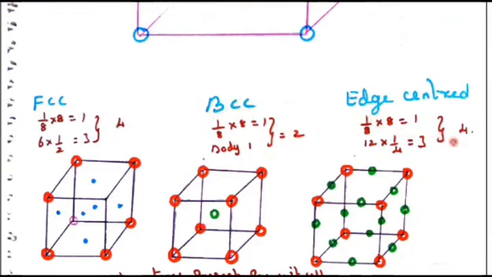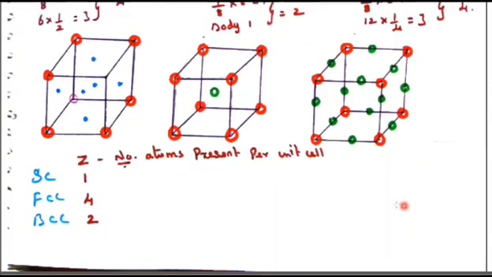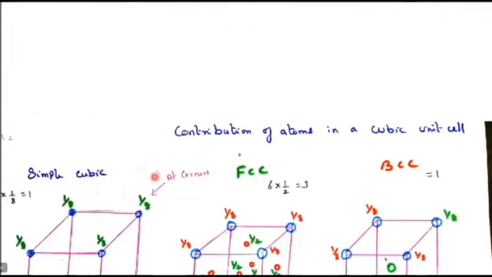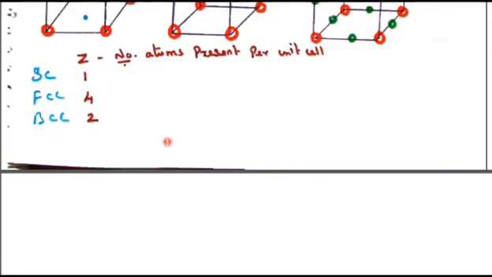In end-centered, atoms per unit cell is 4. Here are the face atoms: 1, 2, 3, 4, 5, 6, then the body only 1, and the edge atoms, 12 in all. We write the number of atoms per unit cell as Z: Z equals 1 for simple cubic, 4 for face-centered cubic, and 2 for body-centered cubic. This is very useful for problems.